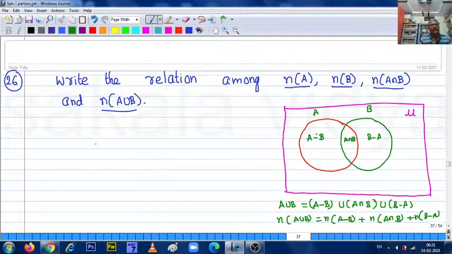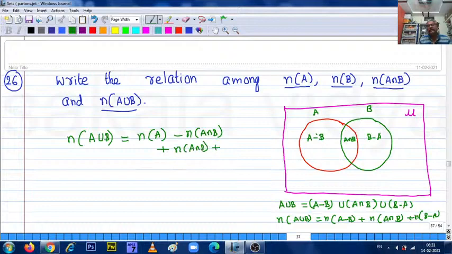But very clear, n of A minus B means n of A minus n of A intersection B. So we can write n of A union B is equal to n of A minus n of A intersection B plus n of A intersection B plus n of B minus A, which is n of B minus n of A intersection B. You see very clear, minus n of A intersection B and plus n of A intersection B cancel.